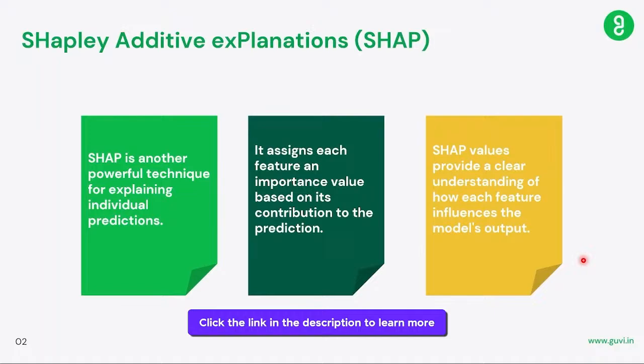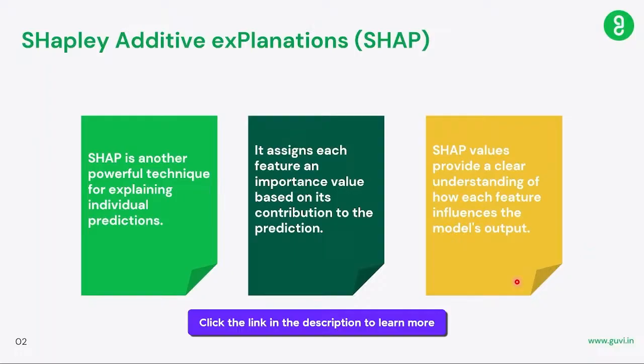SHAP's unified framework and feature importance values make it a valuable tool for interpreting and explaining machine learning models across various domains and applications. Whether it's understanding the factors driving customer behavior in marketing or identifying key variables influencing patient outcomes in healthcare, SHAP provides actionable insights that drive decision making.